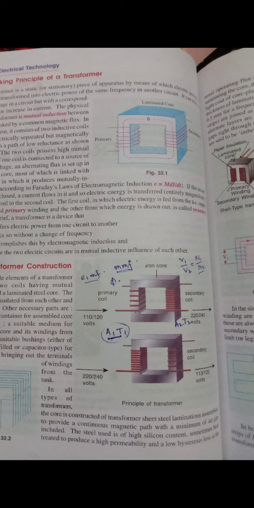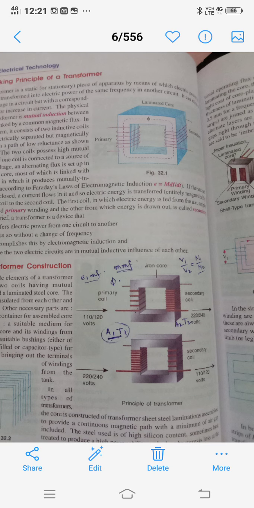So these are the two types of transformer construction. The first picture is used for the step up transformer, and the second picture is used for the step down transformer.